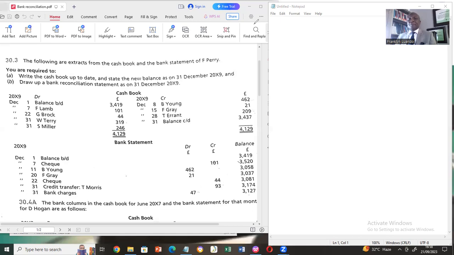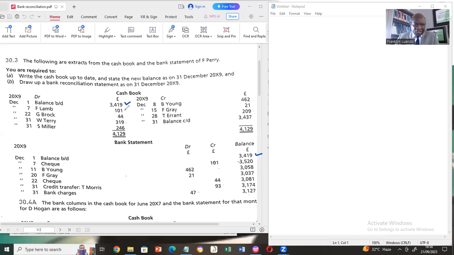Is that okay now? So now we are going to look at the simple process of comparing. We have the cash book there and we have the bank statement. So what you do, you always start from the cash book to compare. The opening balance there is the same as on the bank statement. On 7th December, we received a check from FLAM for 101.